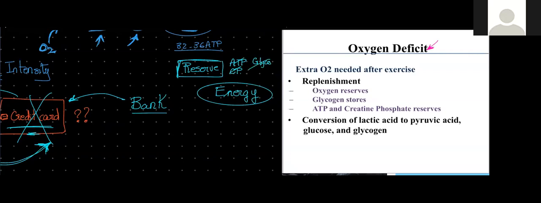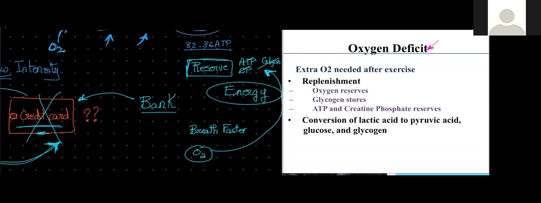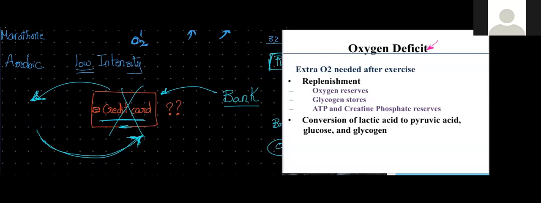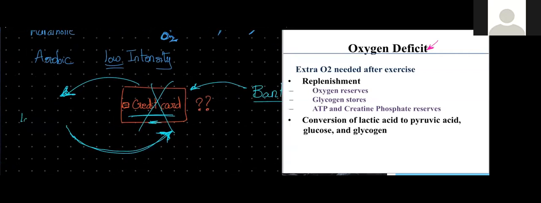In order to pay it back, you're going to need to breathe faster, for you to get extra oxygen, for you to restore everything back to normal. It's like spending money from the credit card, so I would need to work for longer hours next month for me to be able to repay this credit card. So those extra hours that you're going to be working, it's your oxygen deficit.